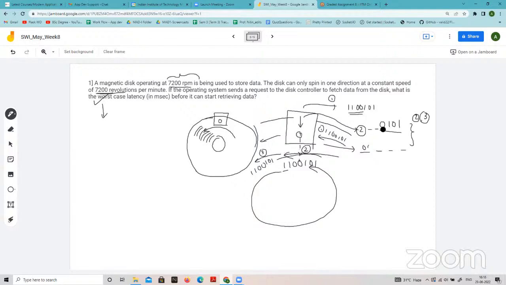So there is no way I can put random bits or random information there. It should make sense also. So what this system does is it lets the disk take the complete rotation and then starts reading when the data is back at position number 1.